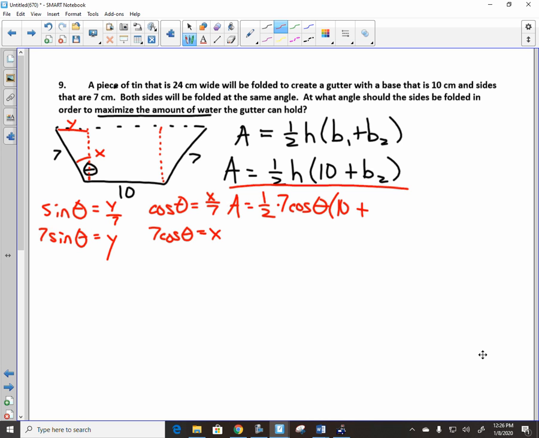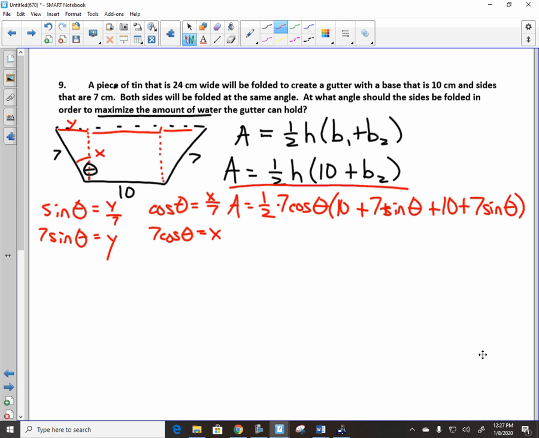What is this y value? 7 sine of theta. What is this middle value here? 10. What is this value over there? 7 sine of theta.